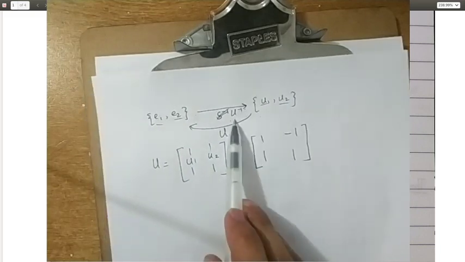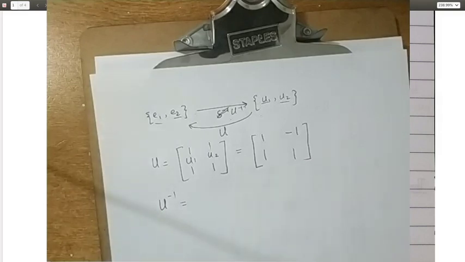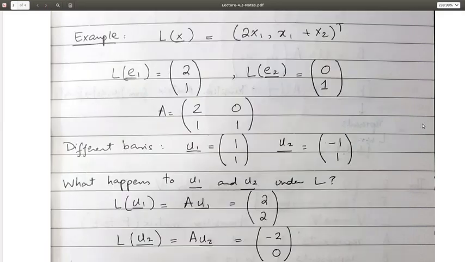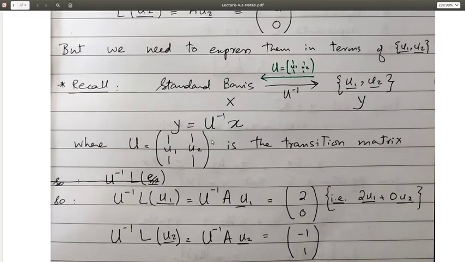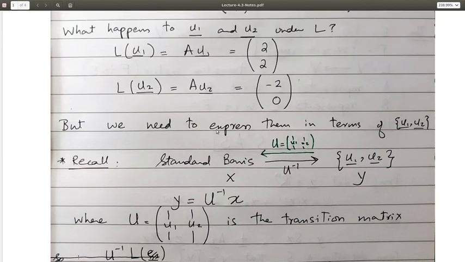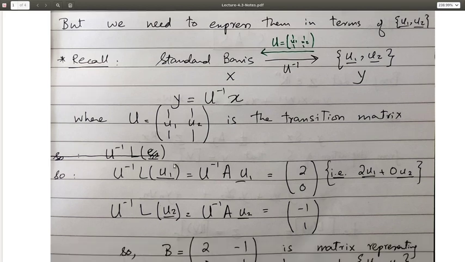I want the inverse of this transition matrix, and so I will try to find the inverse, which I will not do here. I have it written down. So it seems like I haven't written the inverse.